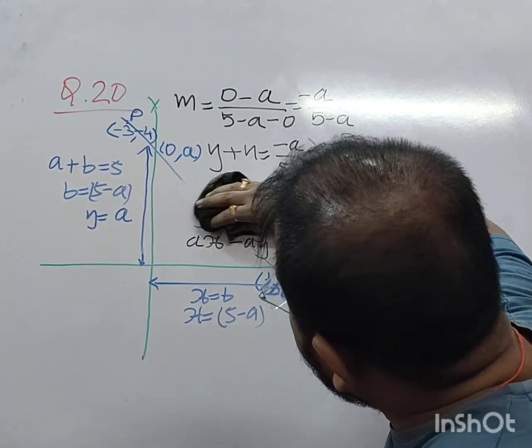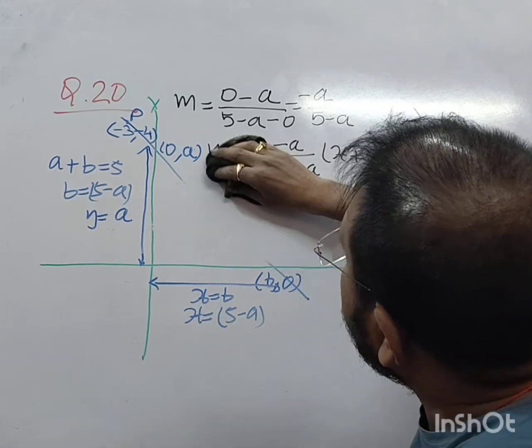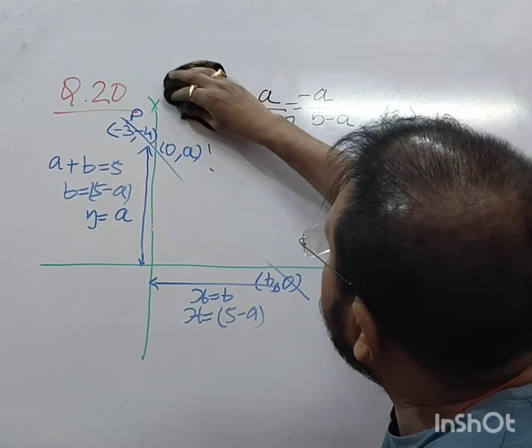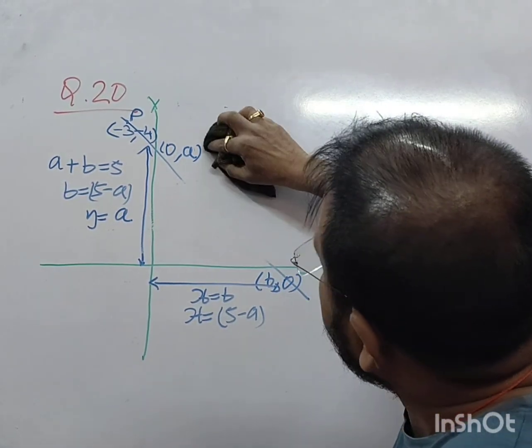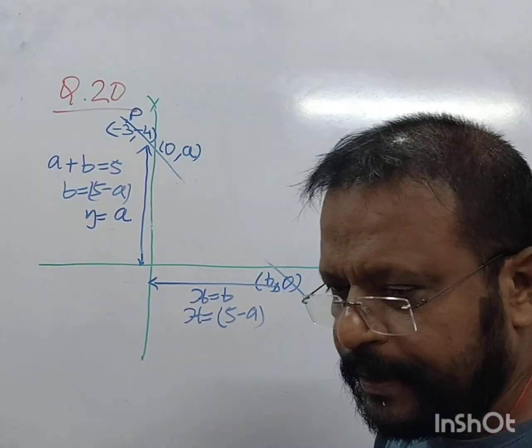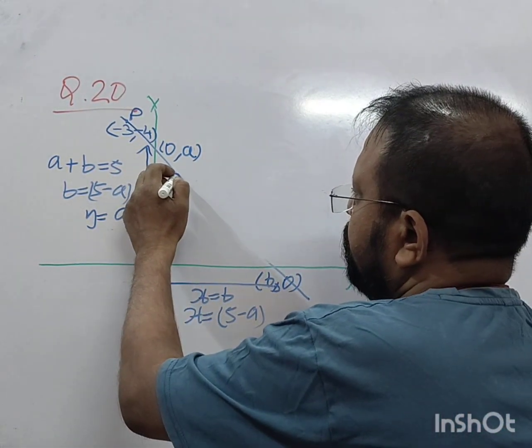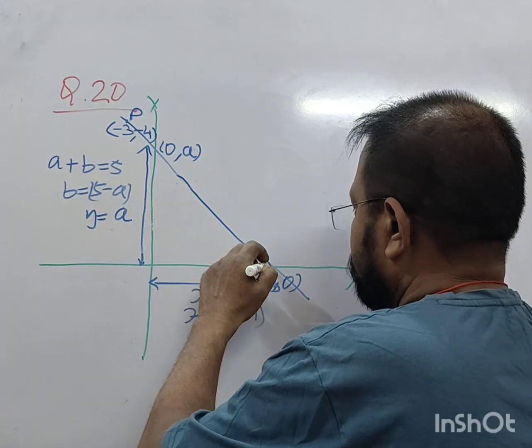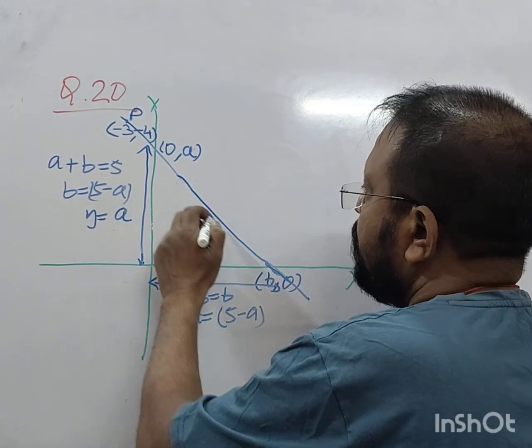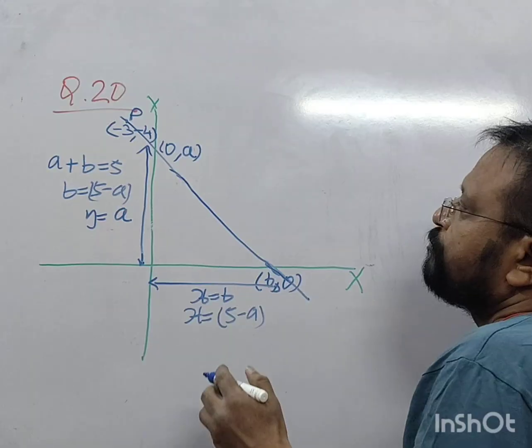So for that purpose, I take it like this. Things are correct up to somewhere, but if I draw it again, this is the line.